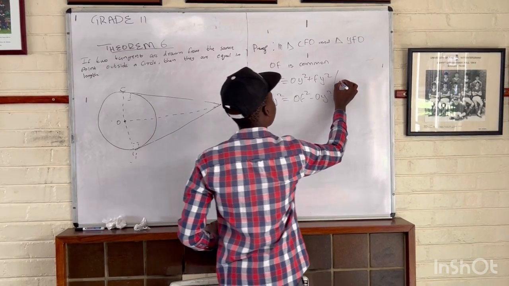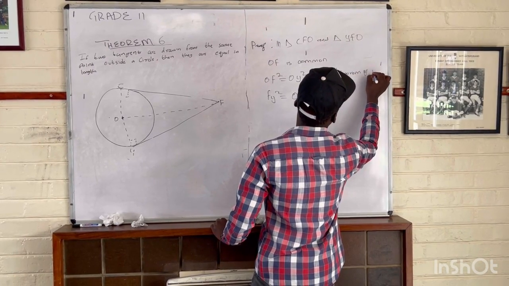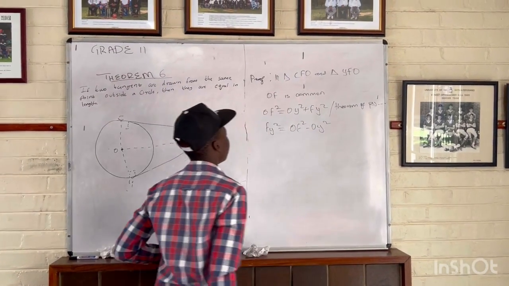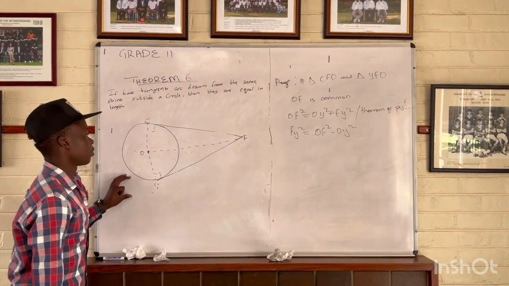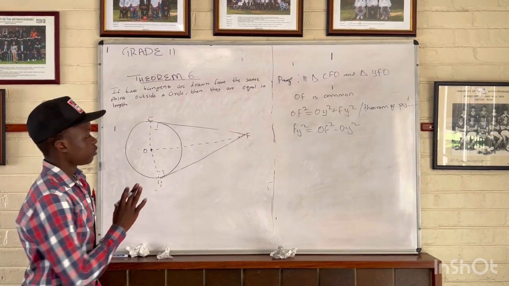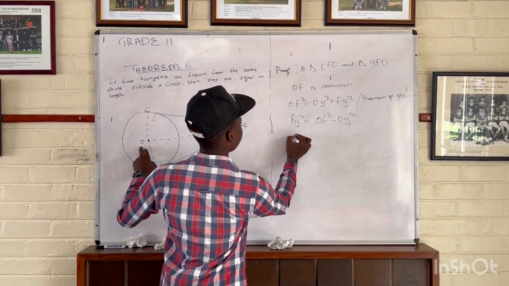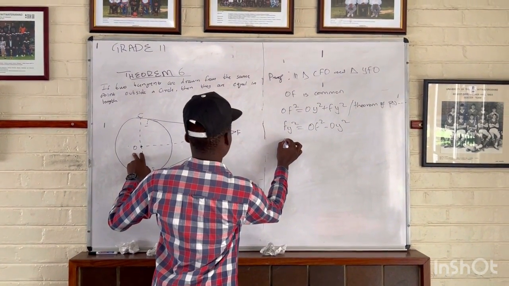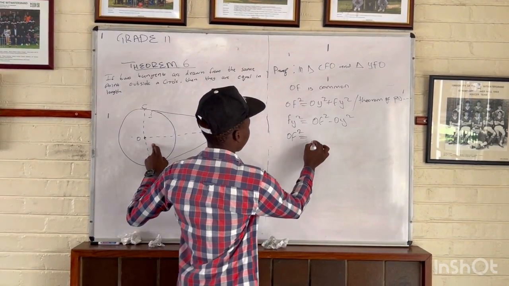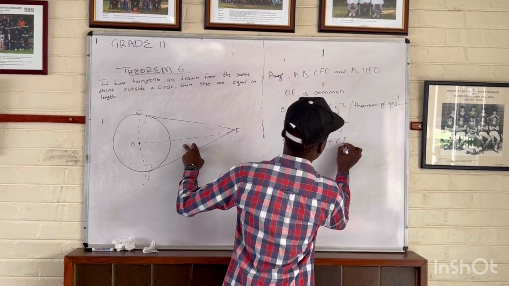Here is the theorem of Pythagoras. Now we're going to the second triangle. In the second triangle, OF again is the hypotenuse. OF squared equals OC squared plus CF squared.